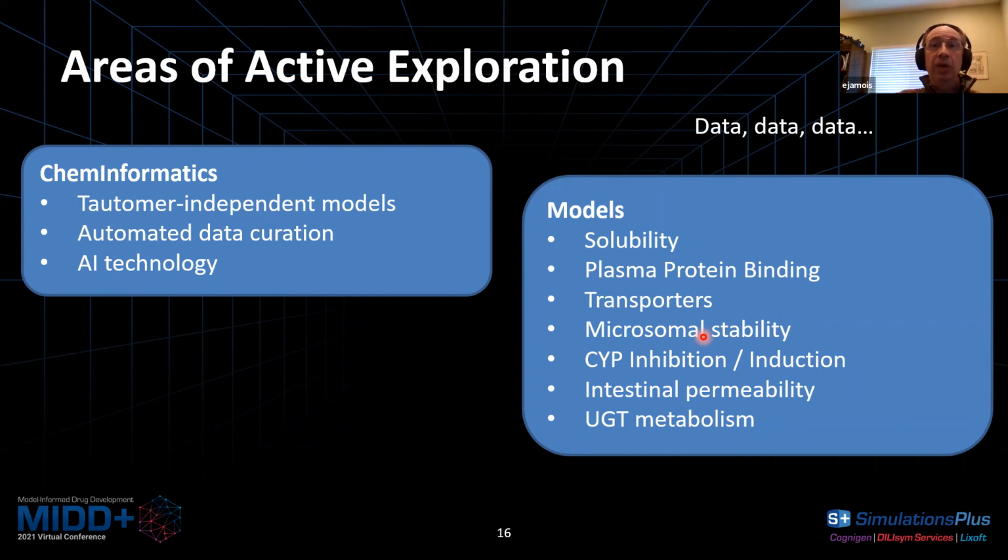There are aspects that relate to the platform, aspects that relate to the models, and of course data, because building models is, as you got from previously, a very data-centric activity. On the platform side, we're very interested in building tautomer-independent models. I think we have many people who see it that way as well, that they would like to see independence built into those models.